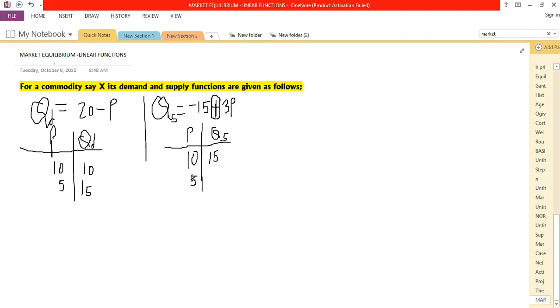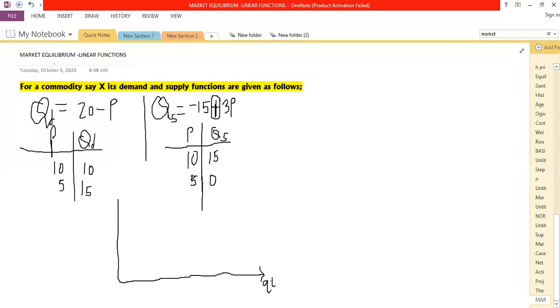If you put shillings 5 here, you'd have a quantity of how much? 0 units. This would be 15 minus 15, 0. And then on a graphical representation, you want to plot these two together.